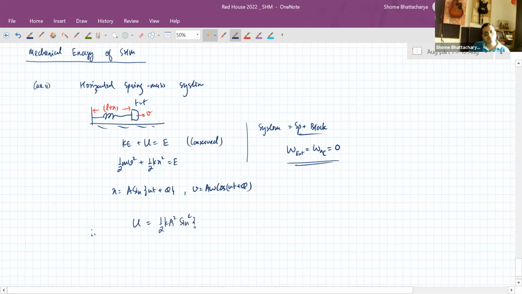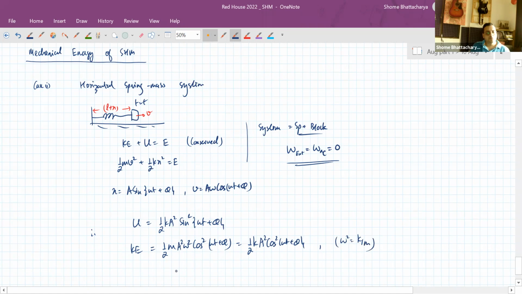So you can see that as a function of time, the potential energy is half kA square sine square (omega t plus phi), and the kinetic energy is half m A square omega square cos square (omega t plus phi). So that can be written as half kA square cos square (omega t plus phi), because remember omega square is k by m.